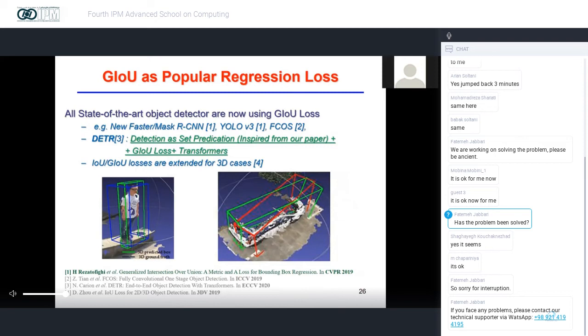And there is one paper appearing in this year's ECCV. I think the presentation is tomorrow or the day after, I'm not sure. That one is really interesting because it's inspired by our formulation for a set detector. They say the detection should be modeled as a set prediction, and they also use our losses and transformers, and they try to show these three together.